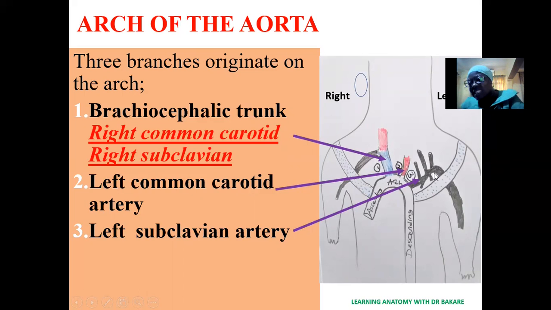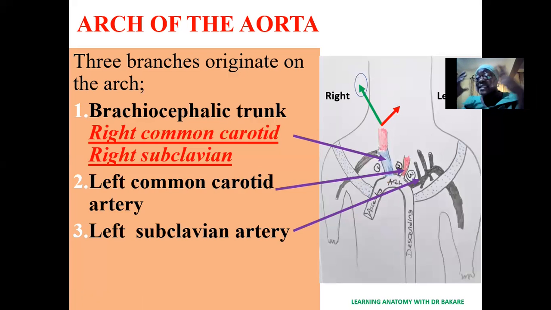So that at the end, we have two emergence of the right subclavian and the right common carotid. And we also have on the left, the left common carotid and the left subclavian. We have the common carotid now on the right. We also now have the common carotid on the left. So the common carotid now further divides into the internal carotid and the external carotid. The internal carotid goes inside the cranial cavity to supply the brain tissue.